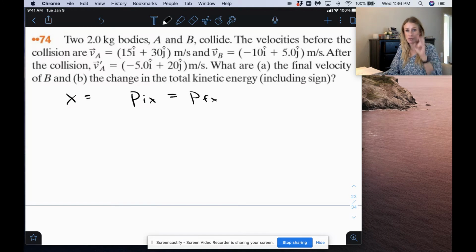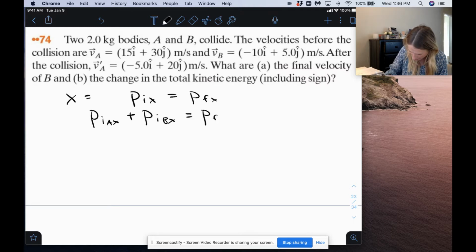Of course, there are 2 objects here colliding. So we get momentum initial of object A in the x direction plus momentum initial of object B in the x direction is equal to momentum final of A in the x direction plus momentum final of B in the x direction. And then, of course, I know momentum is equal to mass times velocity, so I can plug that in now.